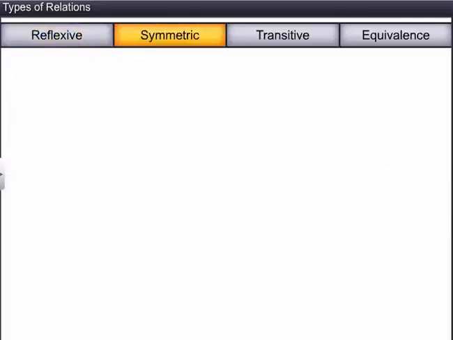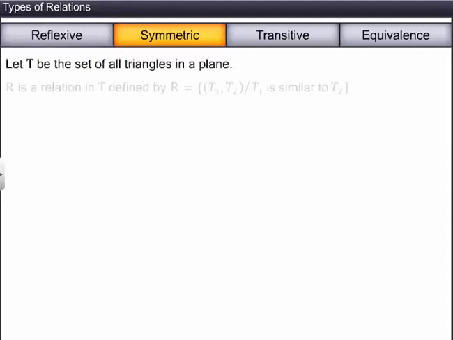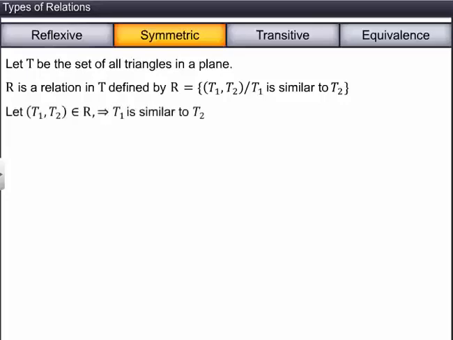Next, let's see when a relation is said to be symmetric. Again, consider the same relation R in T defined by (T1, T2) such that T1 is similar to T2. Let (T1, T2) be an ordered pair in set R. Then it will imply that T1 is similar to T2. So we can also say T2 is also similar to T1.